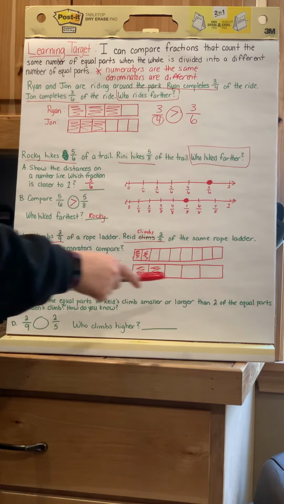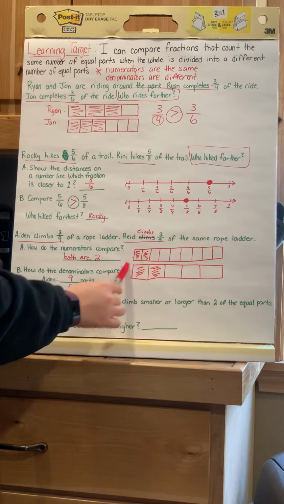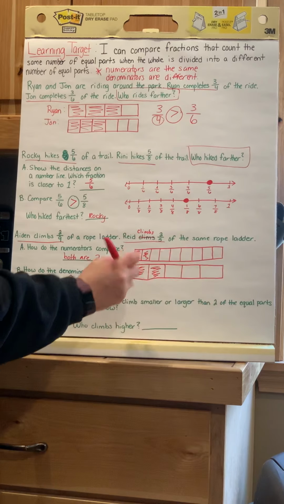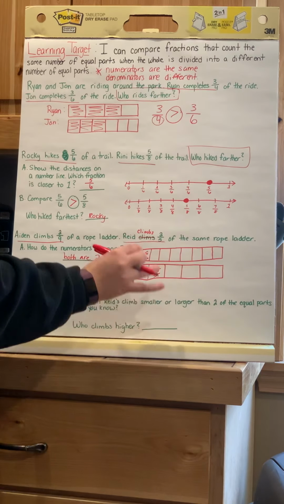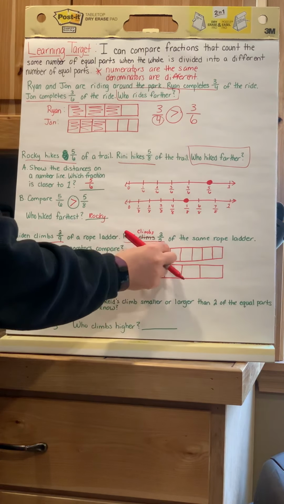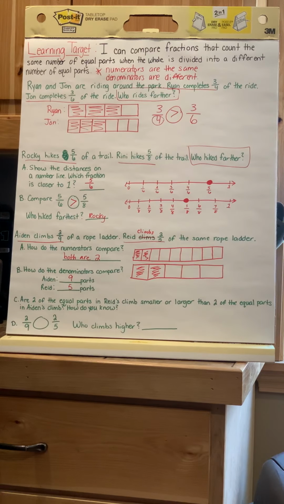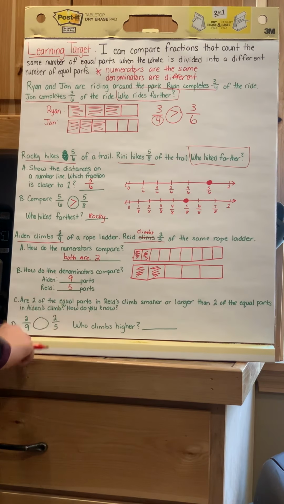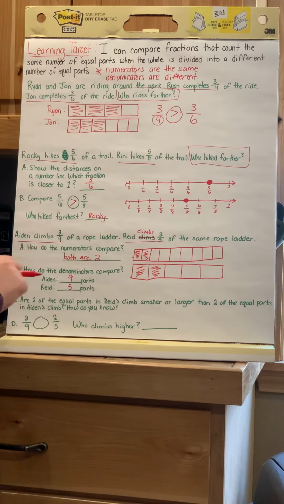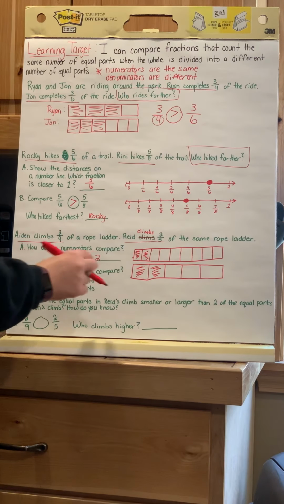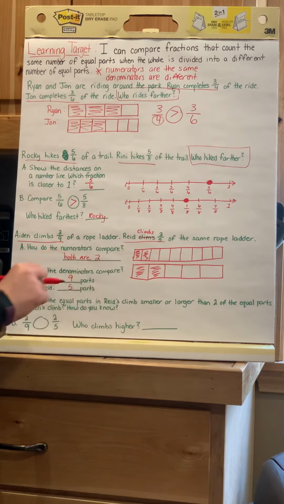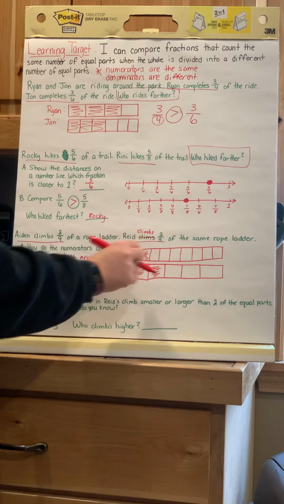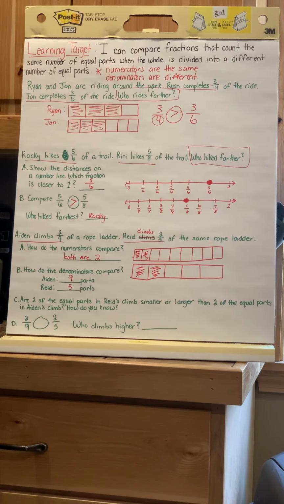Notice that the fifths, their equal parts are bigger than the ninths equal parts. So even though that 9 is bigger than my 5, my numerators are still the same. And my equal parts that are split into fifths are bigger than my equal parts that are split into ninths.